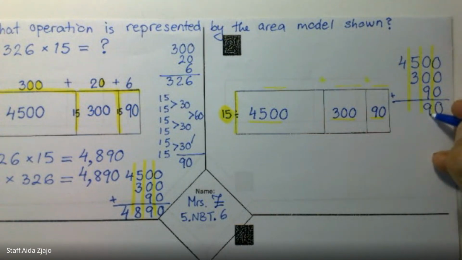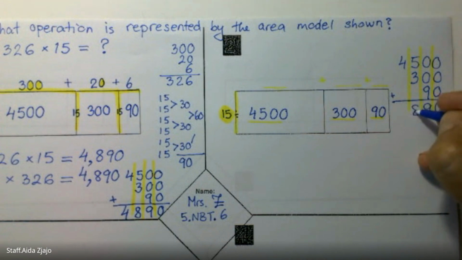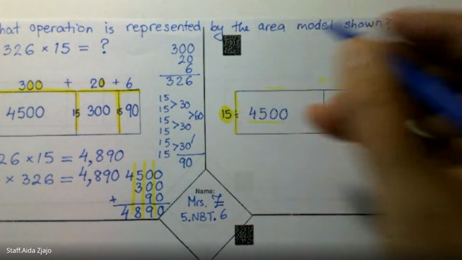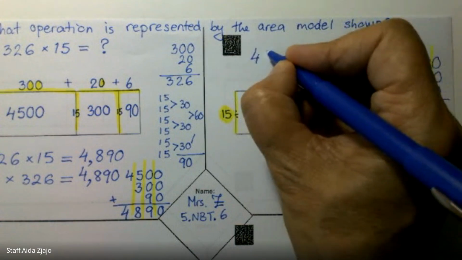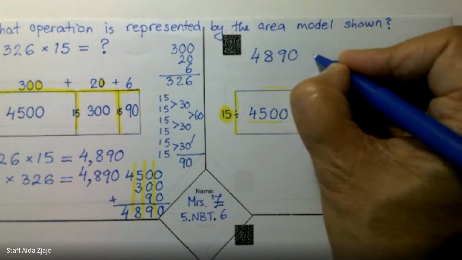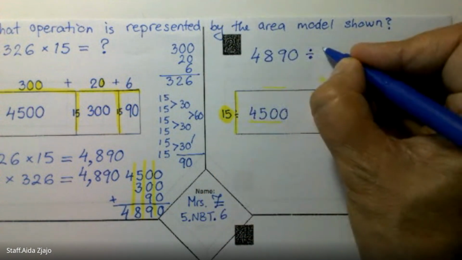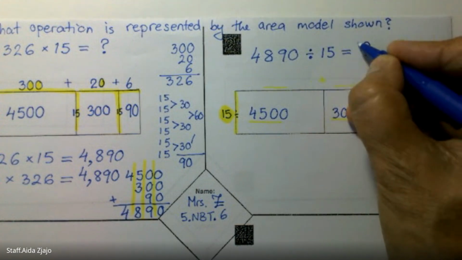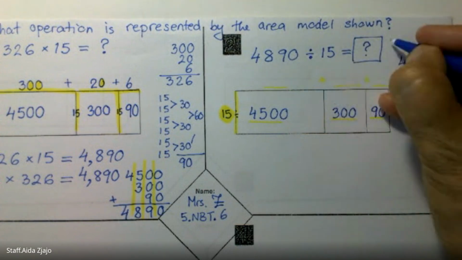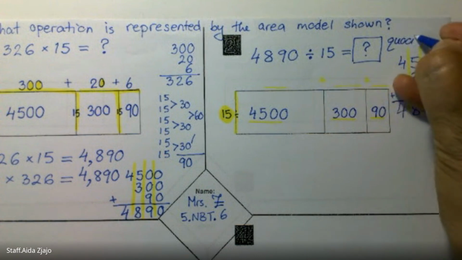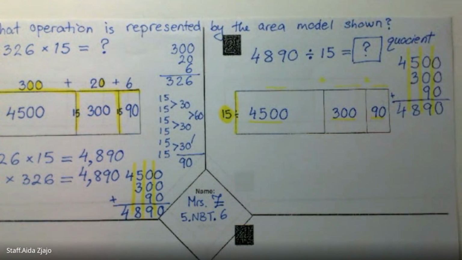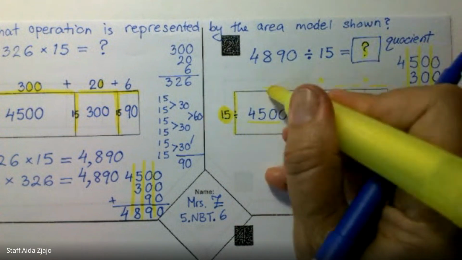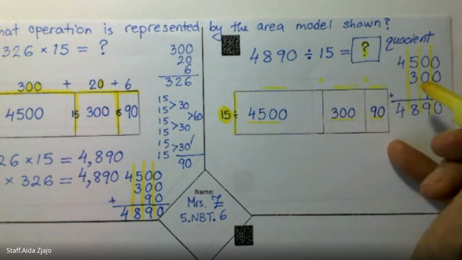So then you will have your first number, which is the dividend, 4,890, divided by 15, the divisor, and this is unknown, the quotient. Quotient is unknown. Okay, and the quotient is these numbers that we need to figure out.